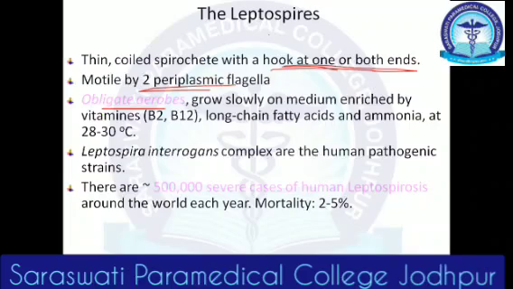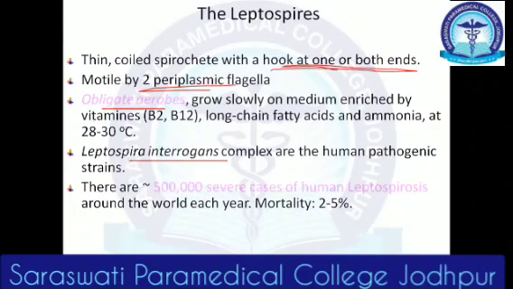They grow slowly on medium enriched by vitamins. They need vitamin B2 and B12, long chain fatty acids, and ammonia for their growth, and they need a temperature of 28 to 30 degrees Celsius throughout their growth. Now, Leptospira interrogans complex are the human pathogenic strains.